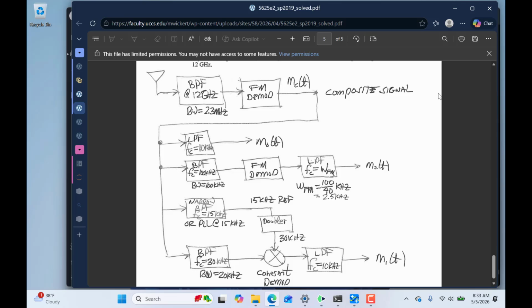So we have an FM demodulator. Details don't have to be in there. It's just something that's going to demodulate FM. How you implement it would be another level of detail. If you wanted me to explain, I could ask more questions on this problem, but I doubt that I will because we have a lot of material to cover on the final.